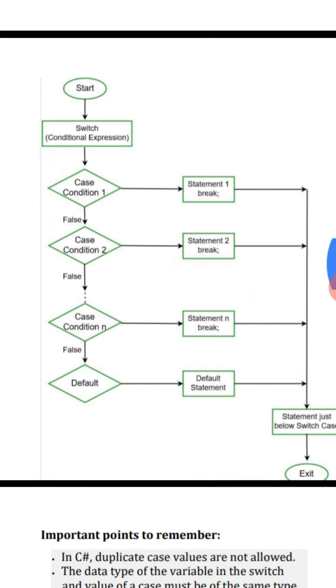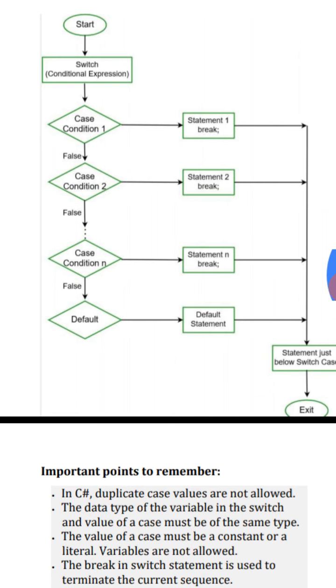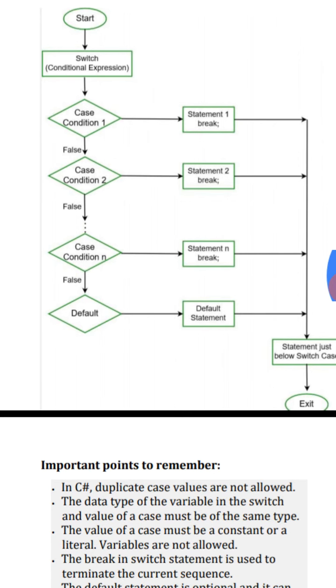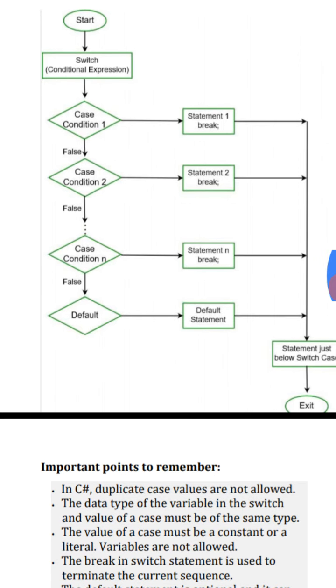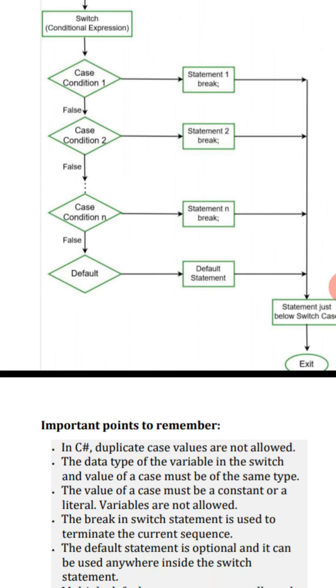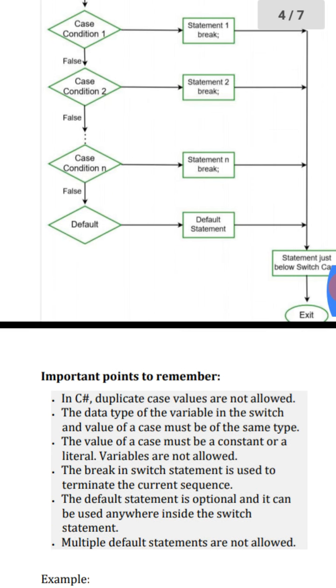If case 2 is true, then go to statement 2. If case 2 is false, then go to up to condition n. If condition n is true, then go to statement n. If condition n is false, then go to the default statement, then the statement just below the switch, case exit.